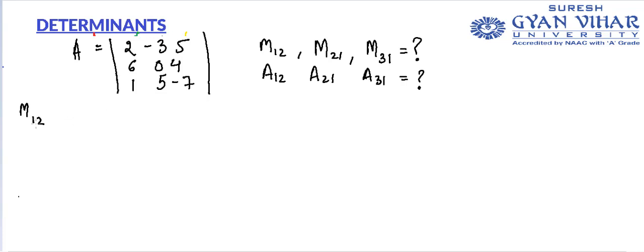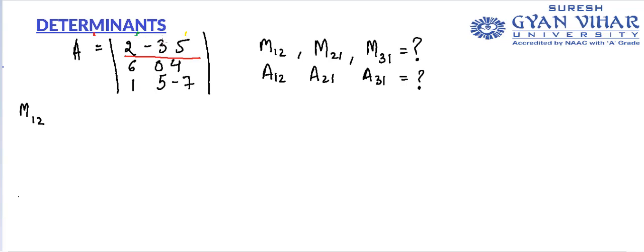First we have minor 12. So you have to eliminate row 1, and second, you have to eliminate column 2. So this row and this column you have to eliminate.